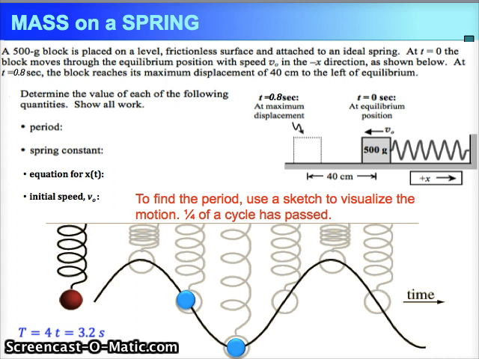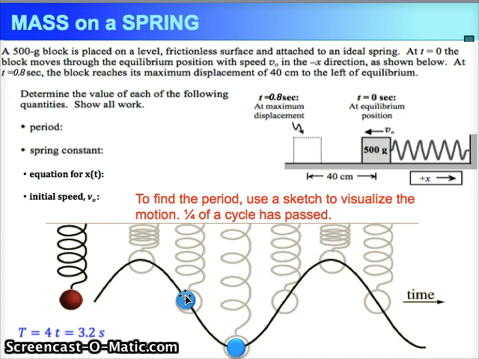What we want to notice is that a full cycle is, say, from a peak to a peak, or from an equilibrium point through that equilibrium and then back to this. We want to see what a full wave is, and then to see that this is only 1/4 of the cycle.